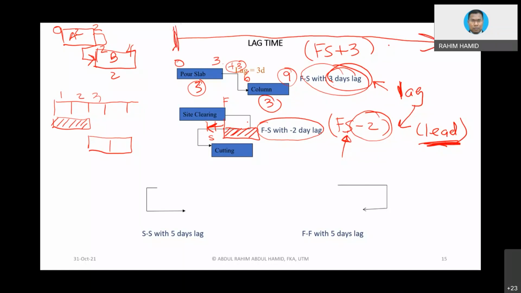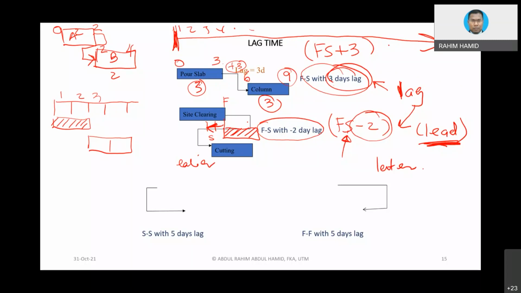First day, second day, third day, fourth day. That's why when you go back in terms of the starting point, this is what we call earlier, this is what we call later. Because of this, the time scale that we use and the way we draw is from the left to the right. Okay.